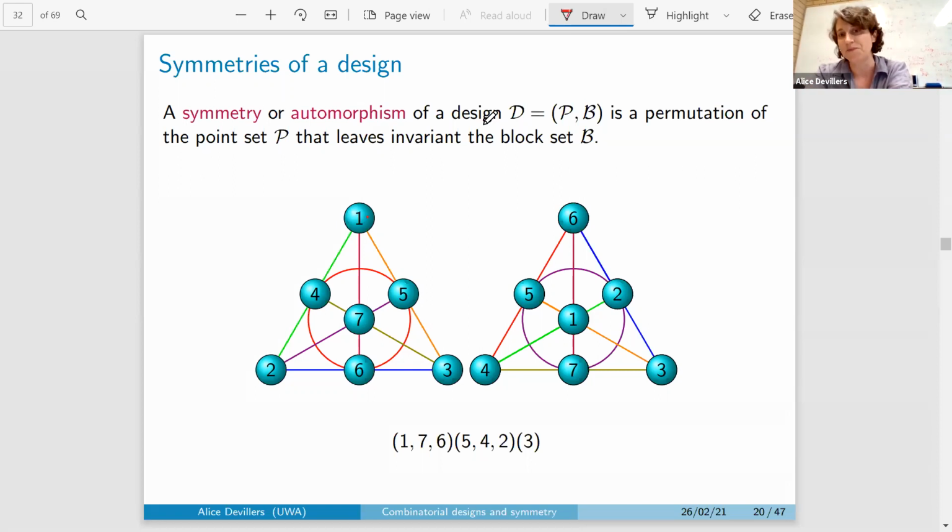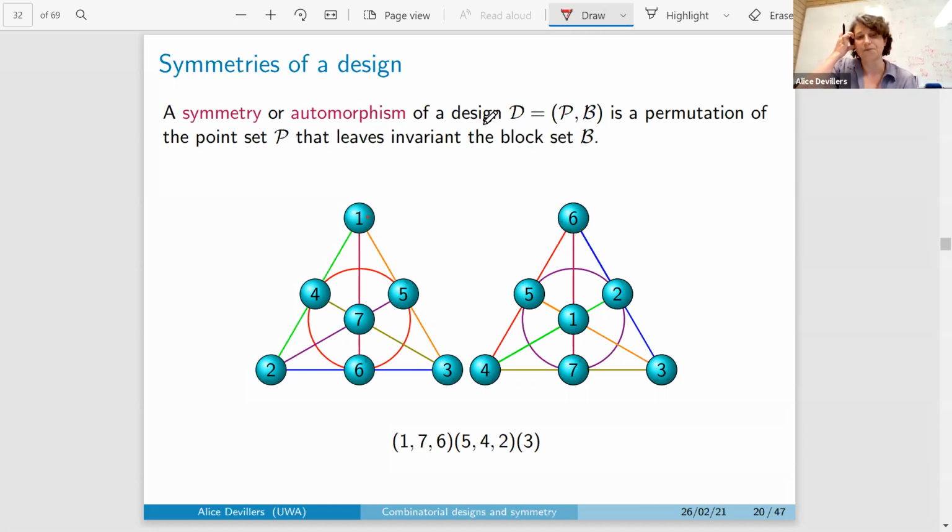So you see the circle now becomes one of these lines here. At the bottom is what's called a cycle decomposition for the permutation. If you haven't seen this before, then don't worry about it. It's just a way to represent the permutation. Okay, so that's what a symmetry of a design is.